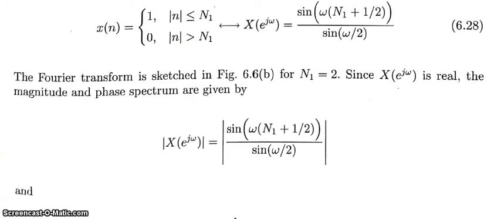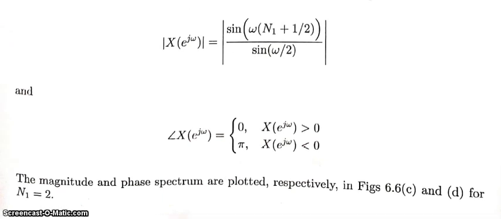Also we can see this X(e^{jω}) is a ratio of two sine functions. It is a real value, so the magnitude and the phase angle can be evaluated using this equation for different frequencies.